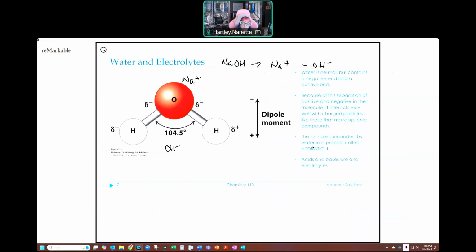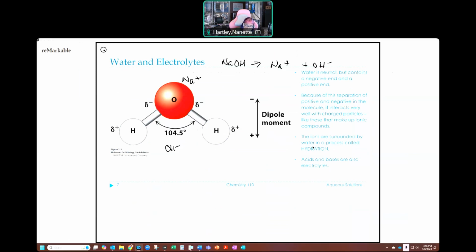And so we can get this cage of water molecules around each of those ions that is more energetically favorable than what it would have if it was just hanging out next to that other ion. So that's why they do what they do.